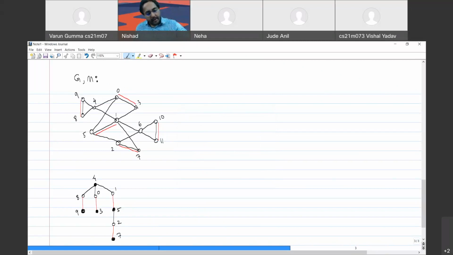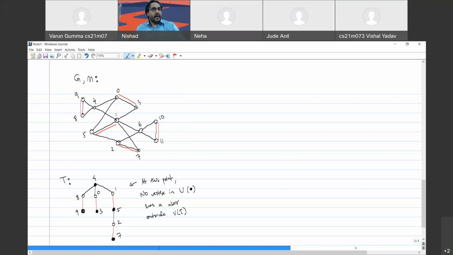So observe that at this point, no vertex in U, the black colored vertices, has a neighbor outside the tree, right? 4, 9, 3, 5, and 7, all of their neighbors are in this tree already.